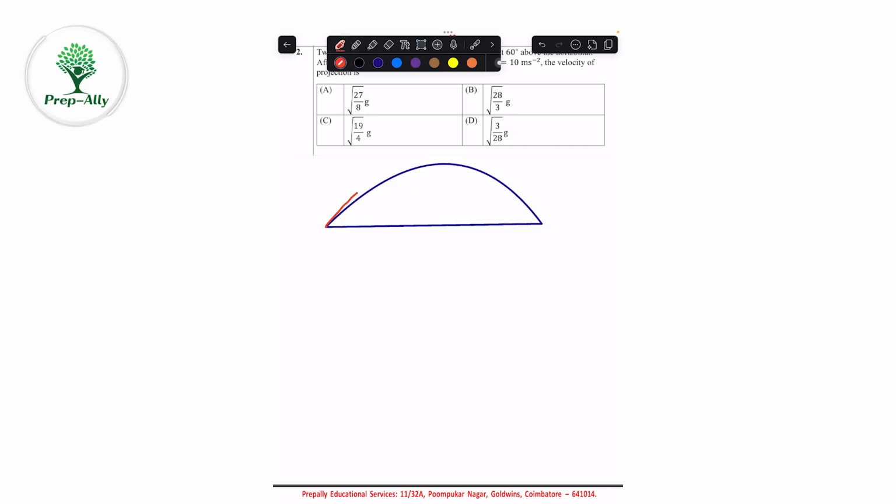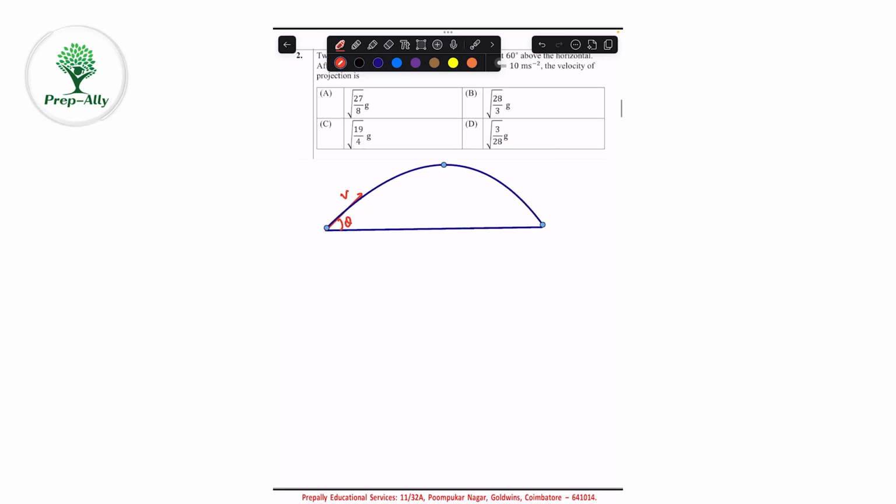Starting from here, I say the velocity given was v, initial angle was theta, and after 2 seconds it is here, velocity might be u, this angle has become 60 degree, and after 3 seconds it is here, and the velocity is v dash here.